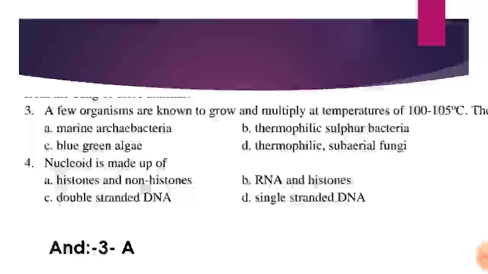Option A is the right answer, marine archaebacteria. Question 4. Nucleoid is made up of option A, histones and non-histones, B, RNA and histones, C, double-stranded DNA, D, single-stranded DNA. Option C, double-stranded DNA.